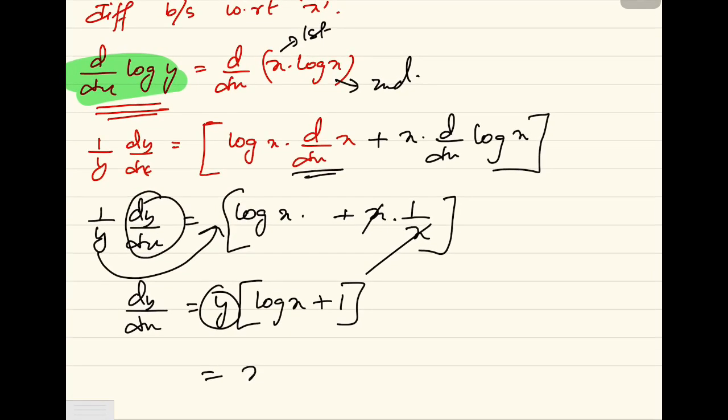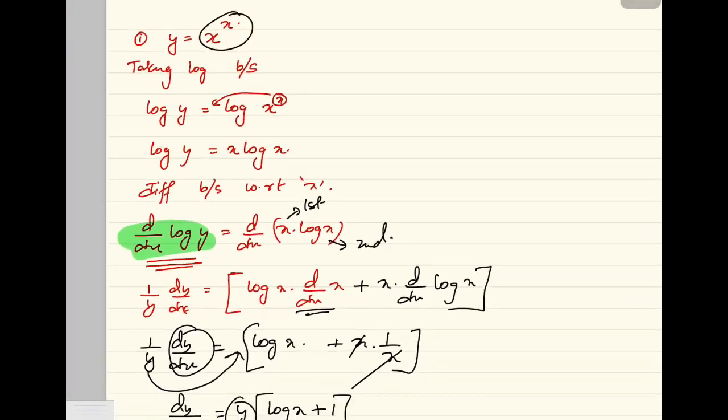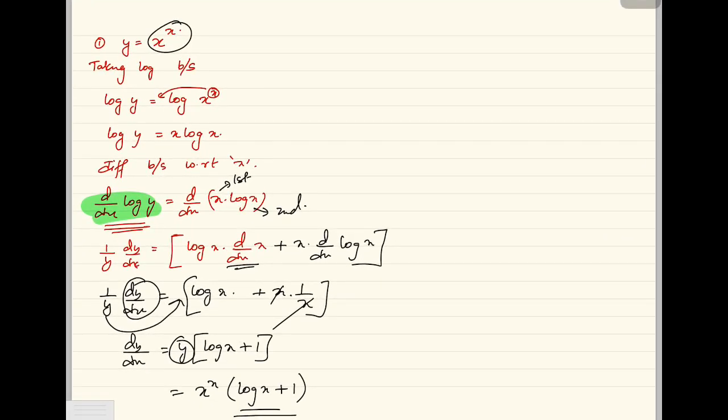So I will replace it. So dy by dx is x to the power x (log x plus 1). So that's the derivative of y equals x to the power of x. Okay, so understand this one properly, because this is the basics of logarithmic differentiation.